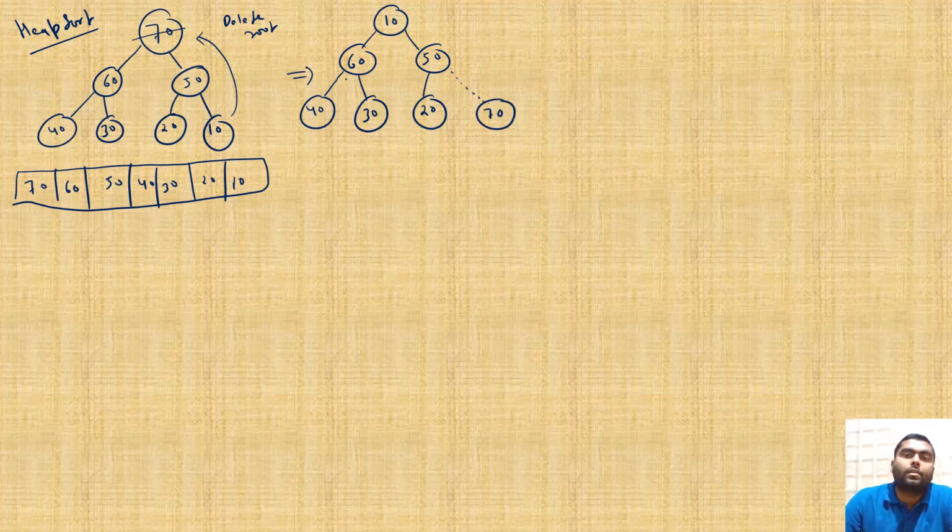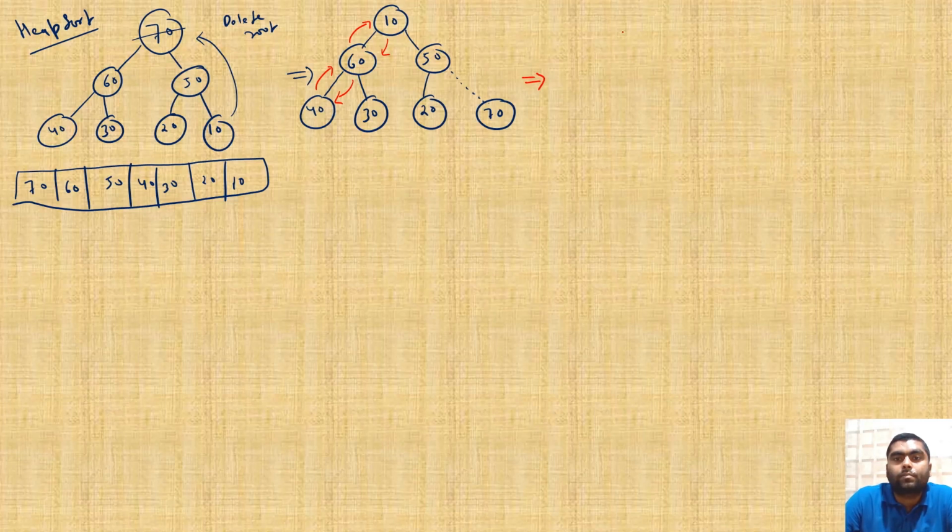Okay, now it is not a max heap, so to maintain the max heap, what will be the replacement? Here 60 and here 40. Okay, and this 10 will come over here.